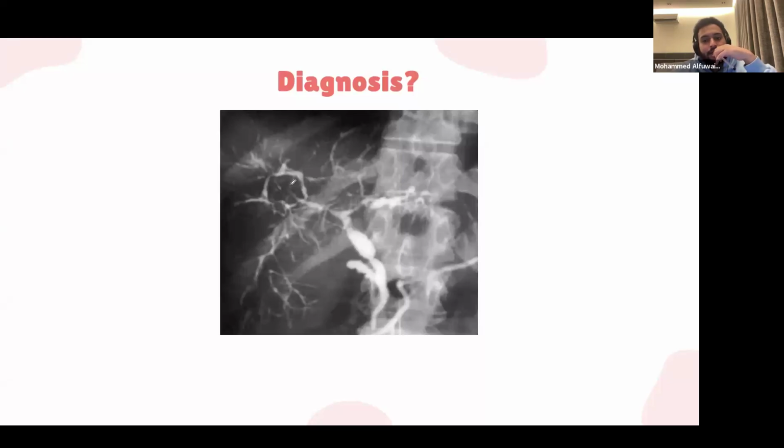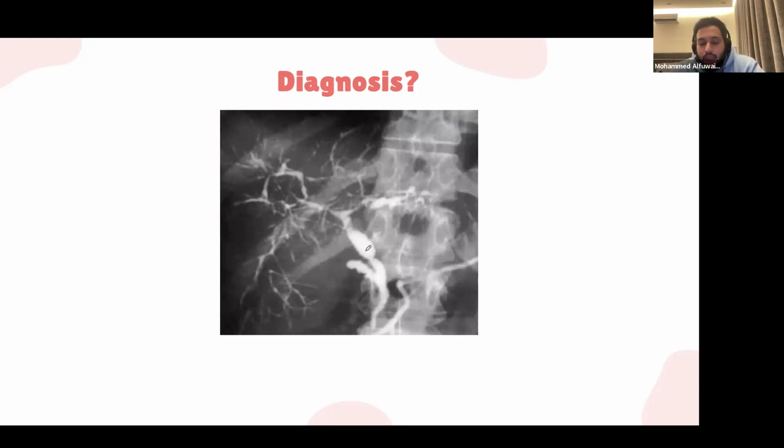ERCP or MRCP? This is ERCP. Good. If it's a darker background, it's MRCP. That's how I know the difference. Okay, this is ERCP. Anyways, this is primary sclerosing cholangitis.